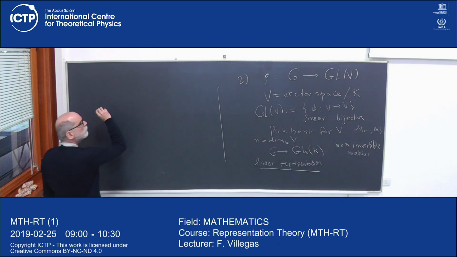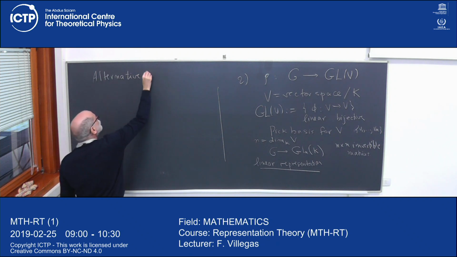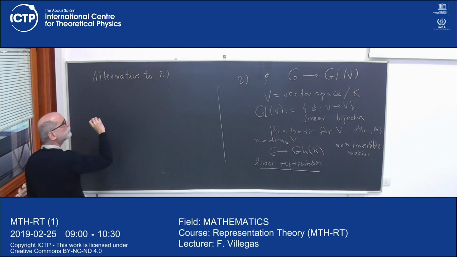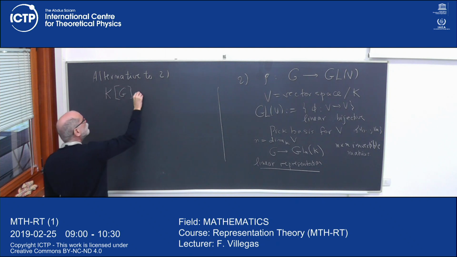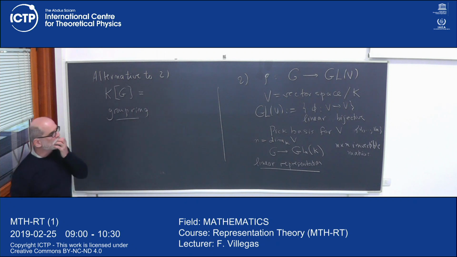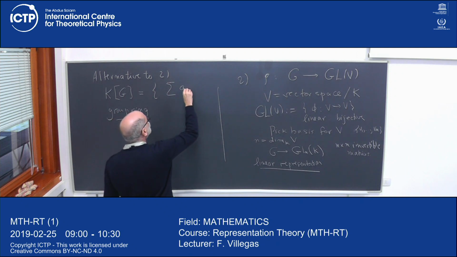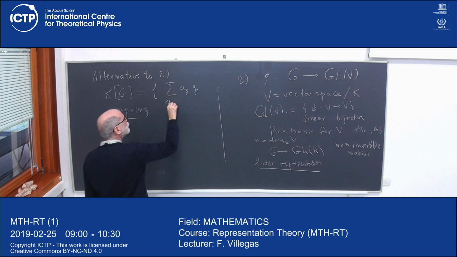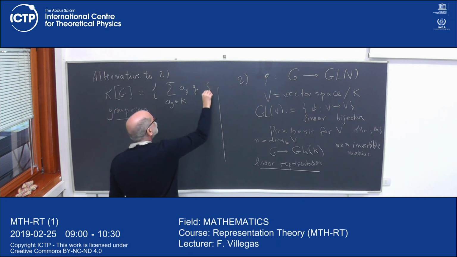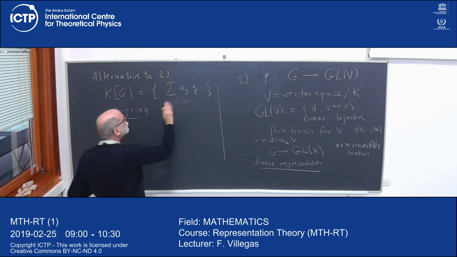Another point of view which is alternative and useful, but I won't use too much, is you consider the group ring associated to the group G and your field K, which consists of formal sums of a_g times g, where the a_g are elements of the field K and g is in G.